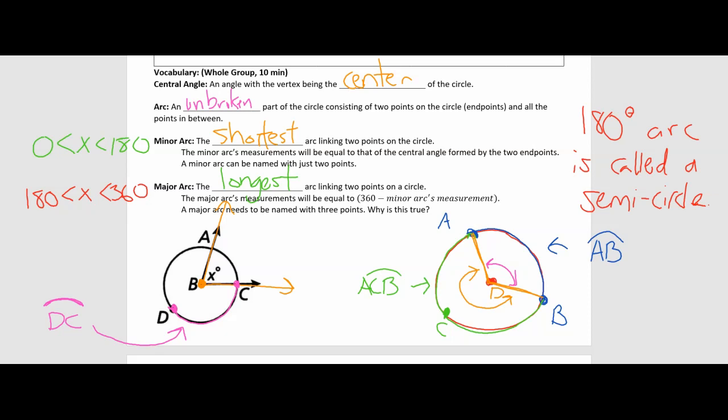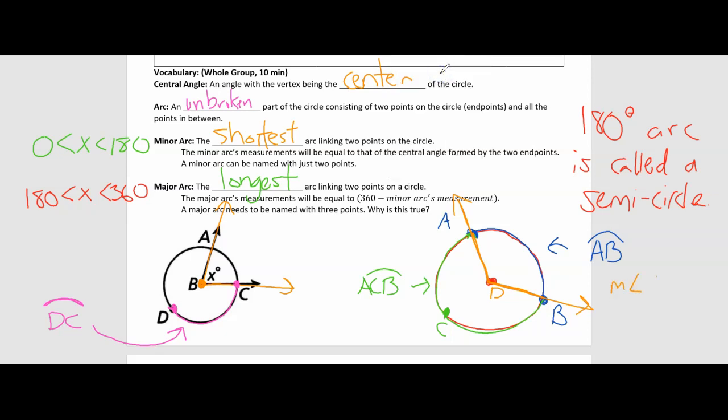The nice thing is, if you have an arc that has a central angle attached to it, right? So if I look at this orange central angle, this central angle and the arc are going to have the same measurement. So I can actually say two things here.